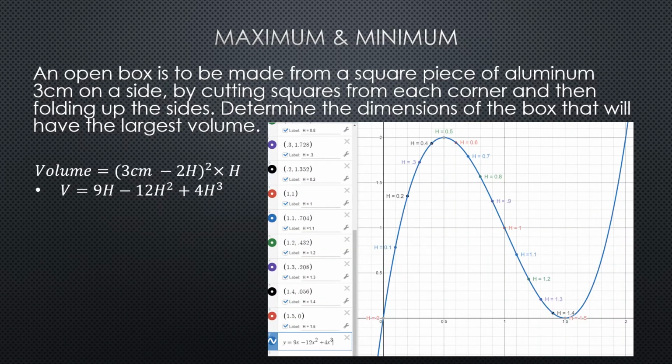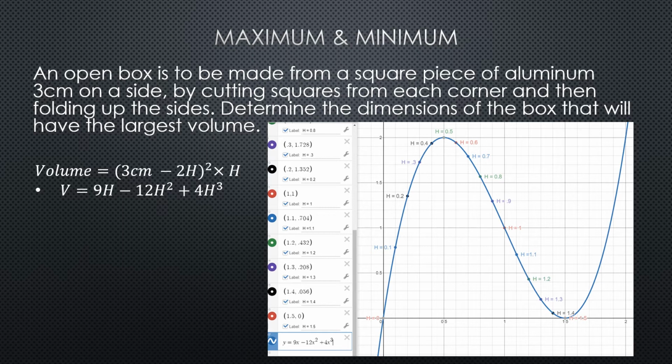So now we can plot the function of volume into Desmos, and we can see what that curve is going to look like. If we think of it in terms of h, it makes sense that if the height is 0, you cut out 0, basically the box would be flat, right?